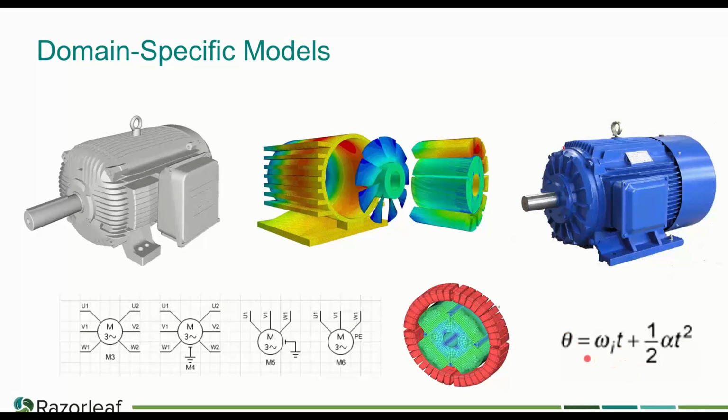This is just a physics-based model of the angular position of the shaft based on simple mechanics equations. That's also a model though, right? And note, this has nothing to do with geometry. When you really want to understand the behavior and have a digital twin, you need a composite of several of these. Maybe not all, maybe more than what I've shown here, but you need to put them all together to really have a digital twin.